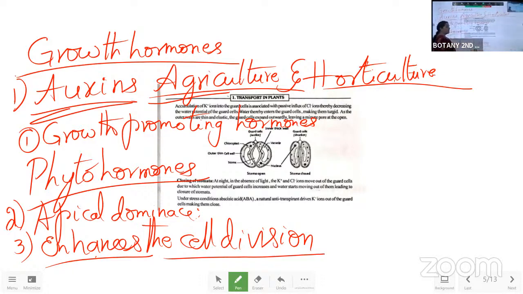That means it makes the cells divide, redivide, and divide again many times faster than any other hormone. With this, new cells are going to be formed, and the next one, growth will be fast enough, as well as the resistance capacity will be increased in the plant body.